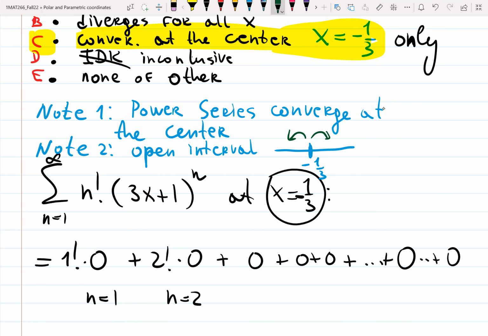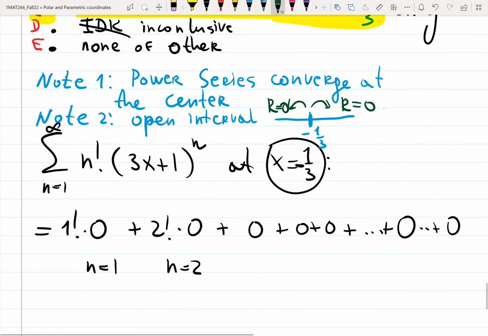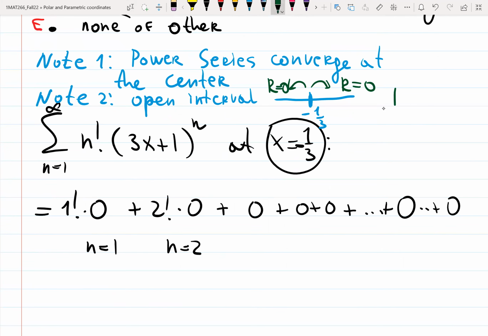You are only safe at minus 1/3. The moment it's not 0, n factorial blows it up to infinity. That's the point here. So that is why the radius is 0. Radius is a step size. So the radius is 0.